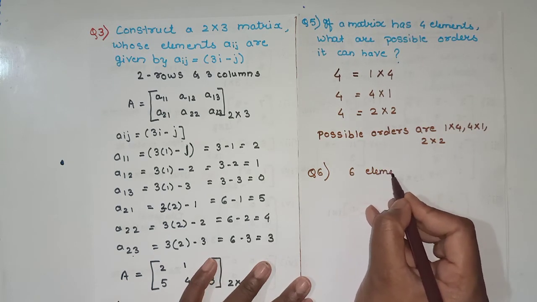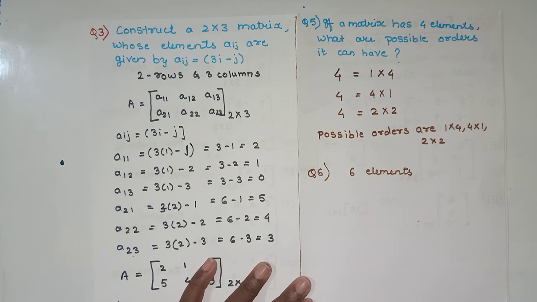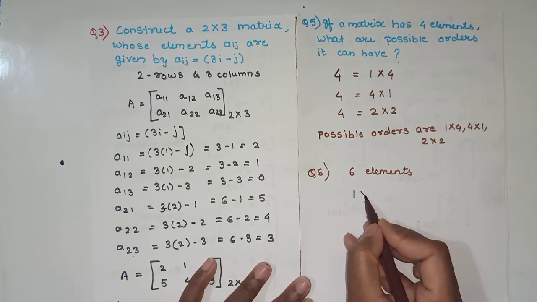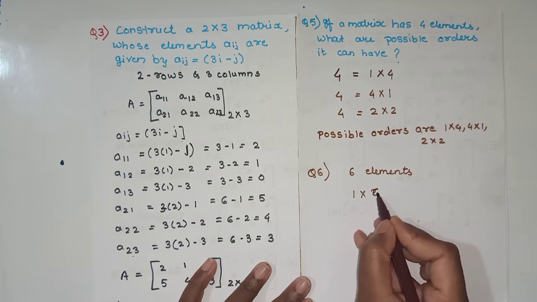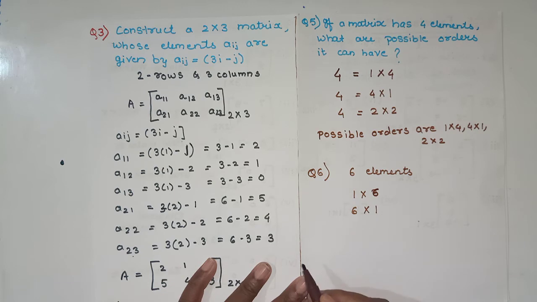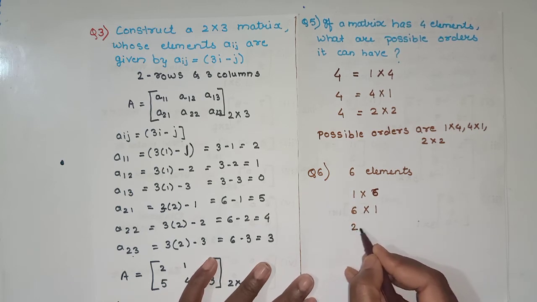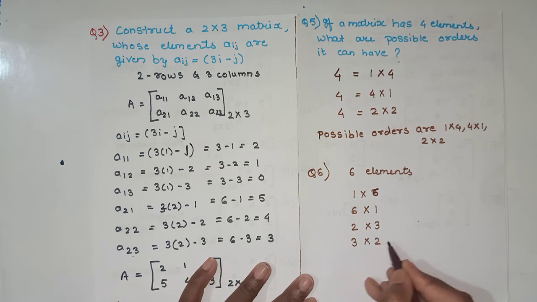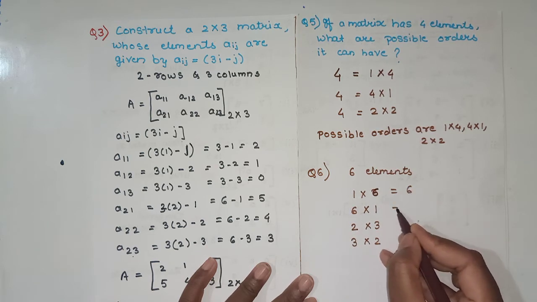So the product should be 6. Which are the possibilities? 1 into 6, then 6 into 1, then 2 into 3 and 3 into 2. Everywhere the product is 6.